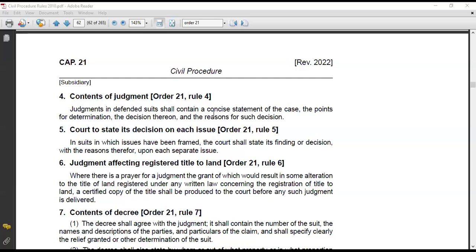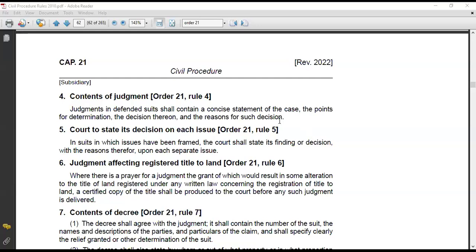So he filed an appeal. And in the appeal, Peterson is challenging both the ruling of 27 May 2021 and the review of 4th November 2021.